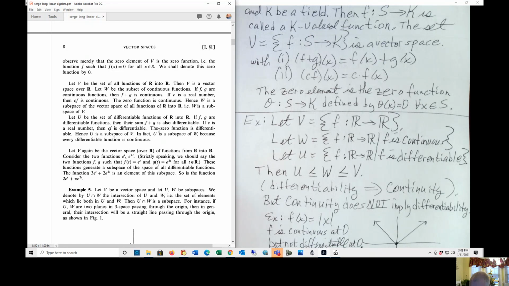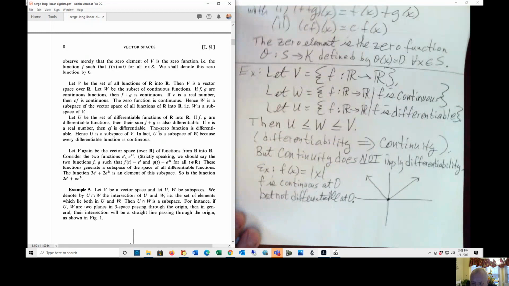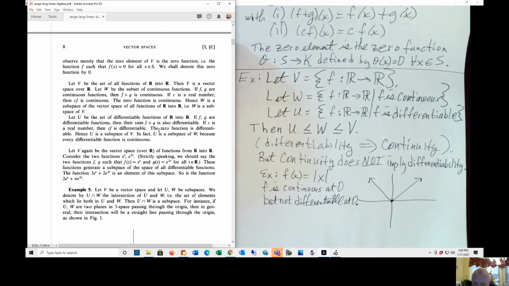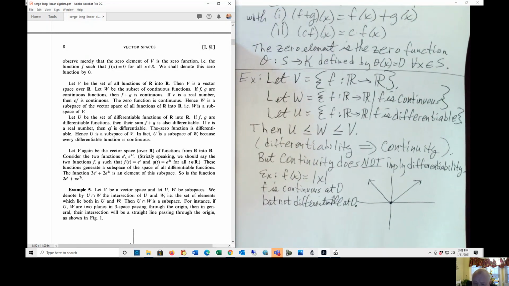differentiability implies continuity. When functions are differentiable at a point, they are then necessarily continuous at that point. But the converse is false, isn't it? Continuity does not always imply differentiability, does it? And the classic example is f of x equals the absolute value of x. It's everywhere continuous, and it has a derivative everywhere except where?